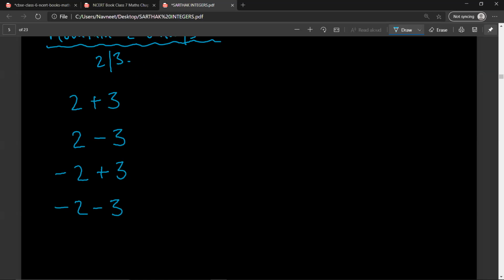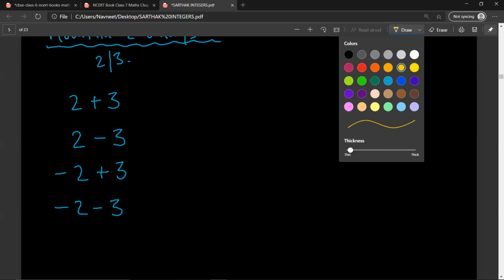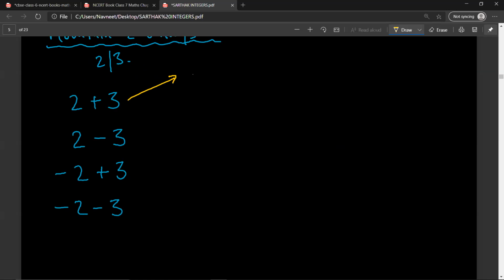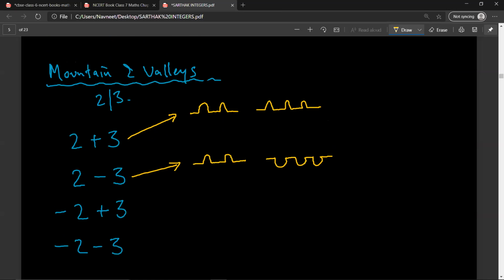Yes, sir. Now let us see. 2 plus 3, I'll write like this. 2 minus 3, I'll write like this. I do not know anything about plus or minus. I only know about mountains and valleys.